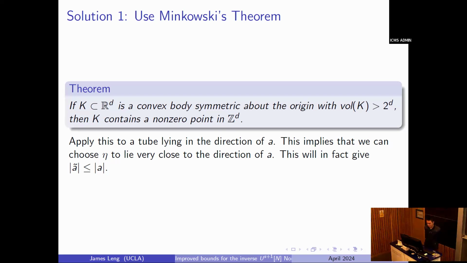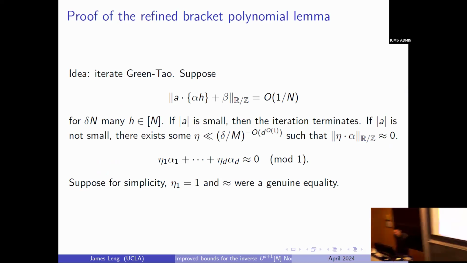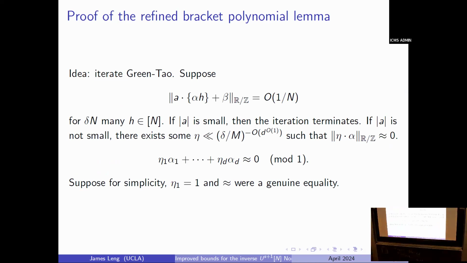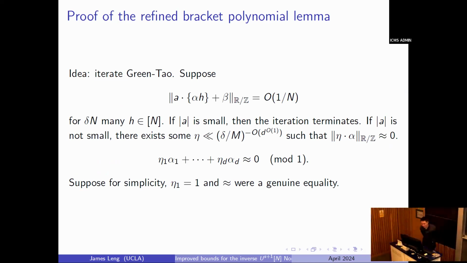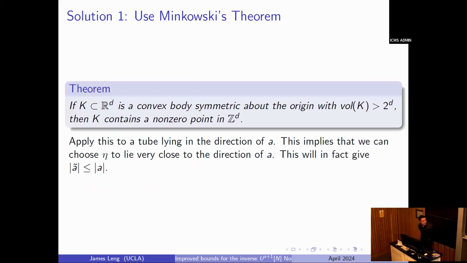Intuitively, if you look at a hypothesis like this, and A is not very small, therefore there exists some integer relation eta that alpha satisfies. Eta should be roughly close in some sense to A. What you get is that eta lies close to the direction of A.